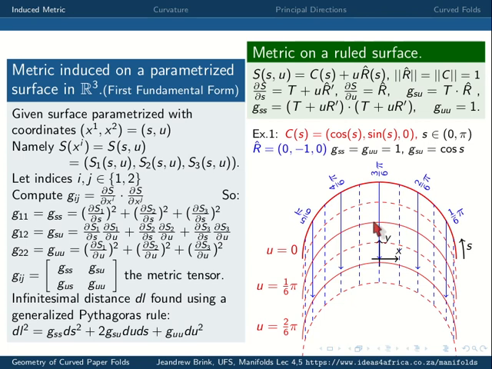If you sit here and increase or decrease by pi over 24 in s, and then increase or decrease by pi over 24 in u, you have this little box. Going from that point to over there, the distance is just ds squared plus du squared. It's your normal Pythagoras.